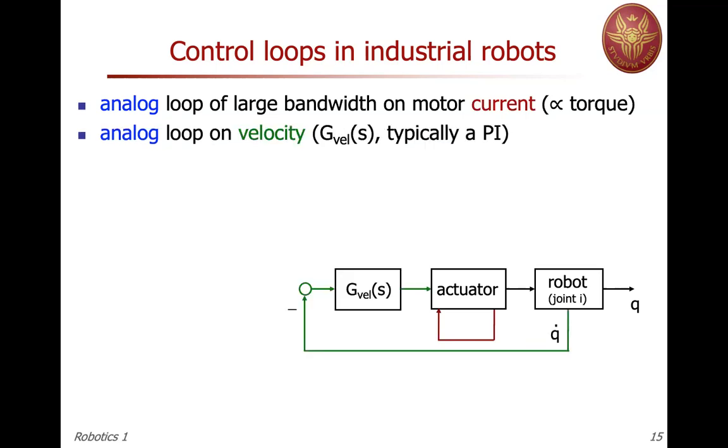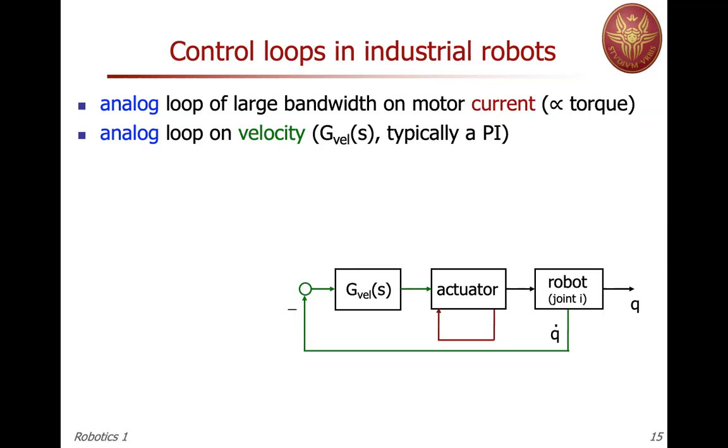Now, the next level is an analog or sometimes a digital loop on the velocity, which is exactly what we have done before. So we neglected the presence of a current loop in the previous simulation, and we assume that whatever current is being produced is exactly proportional to the torque, and the torque is what we modeled in the previous simulation. So here we measure the velocity q dot of the joints, and in particular of the particular joint.